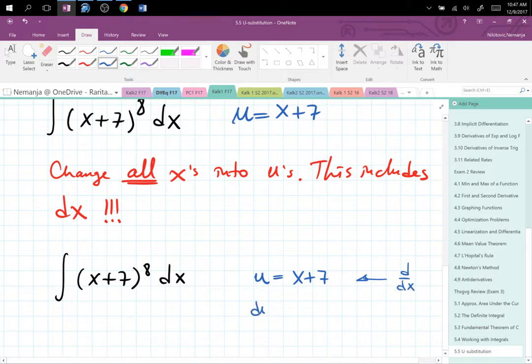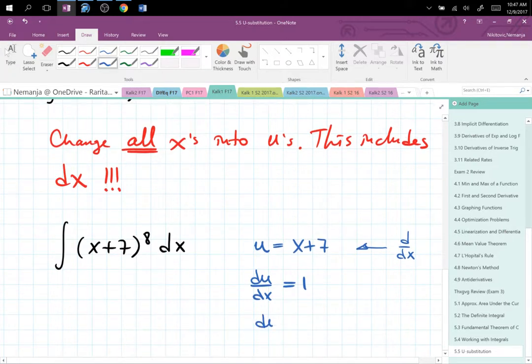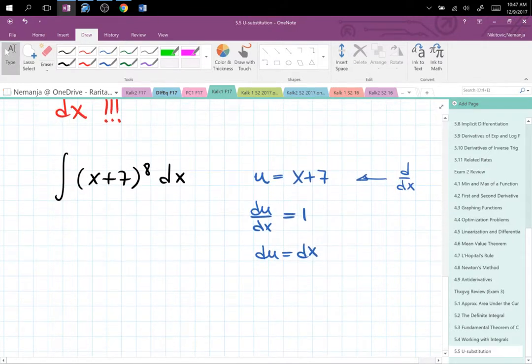So, du/dx is equal to 1. Move dx to the other side, and you get du equals dx. So it's a clean swap, right? So now my problem transformed becomes the integral. Instead of x plus 7, I have u. We have to keep the 8th power, and dx is equal to du. So there is the problem.